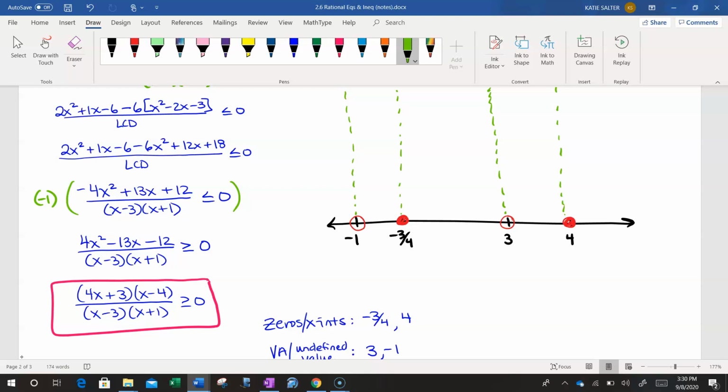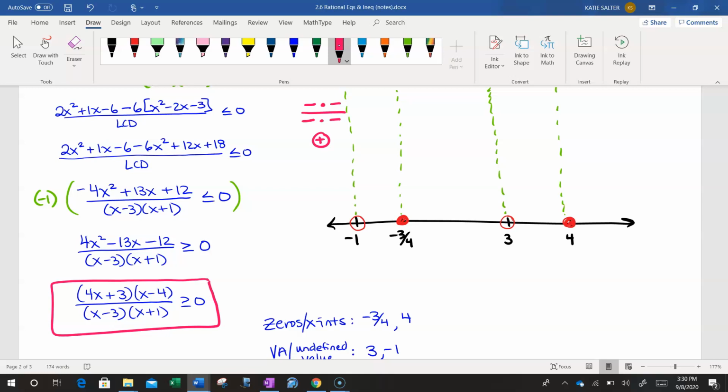So for this first one, let's say we substitute -2. If we substitute a -2, the 4x + 3 would be negative. The x - 4 would be negative. The x - 3 would be negative, and the x + 1 would also be negative. So if we multiply and divide 4 negatives, that section will be positive.